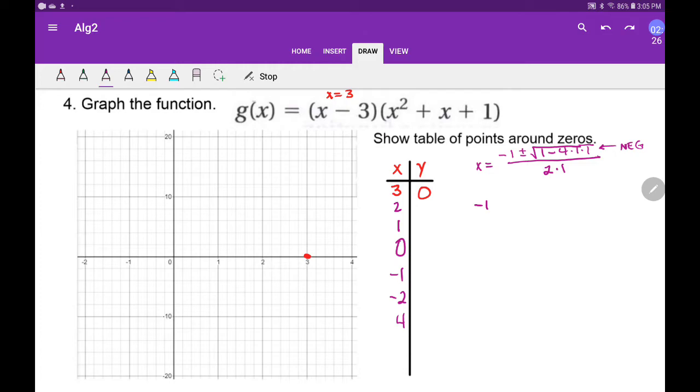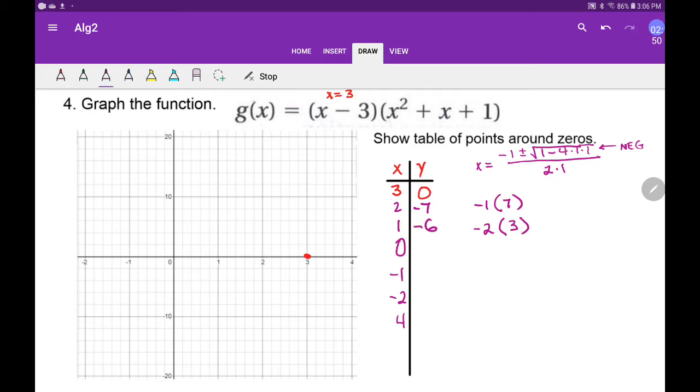Well, it's times negative 1. So 2 squared is 4, plus 2 is 6, plus 1 is 7. So that's going to be a negative 7. When I put in a 1, I'm going to get negative 2, because 1 take away 3. And then 1 plus 1, that's 3. So I'm going to get a negative 6.